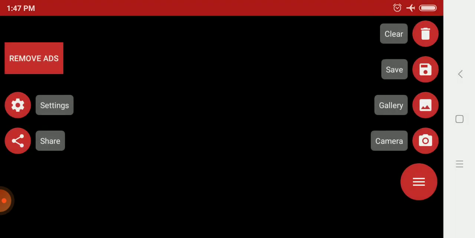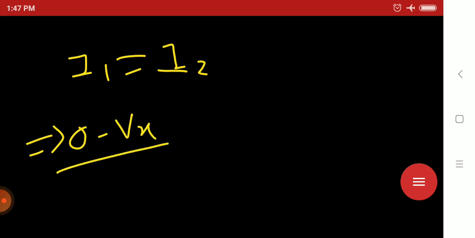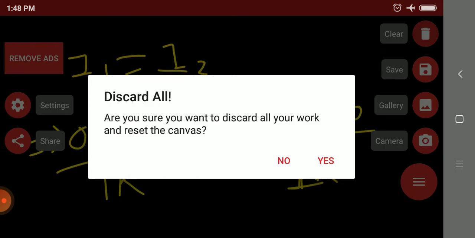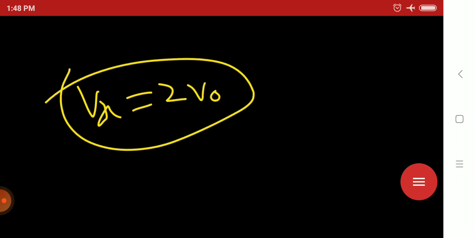So we will get 0 minus Vx divided by how much resistance was there? 1 kilo ohm, equals Vx minus V0 for that portion, divided by 1 kilo ohm at that feedback portion. So from here what we will get? We will get Vx equals 2v0.